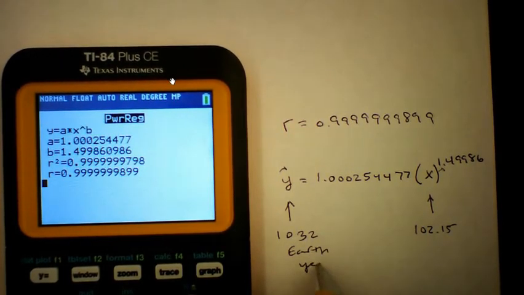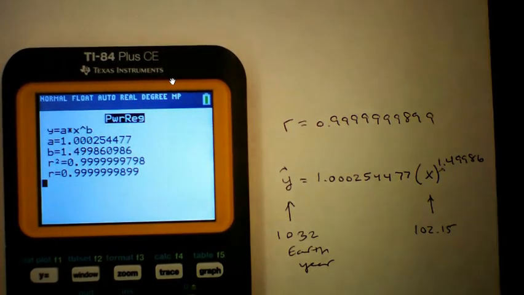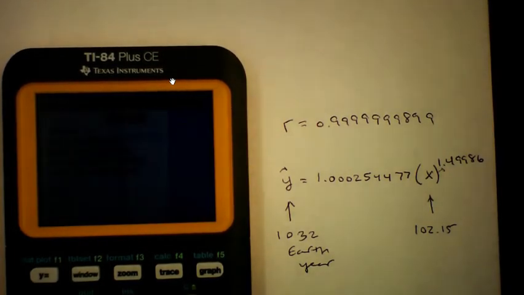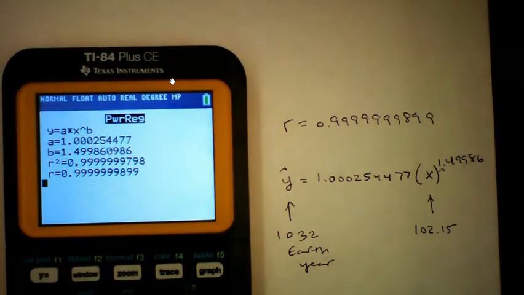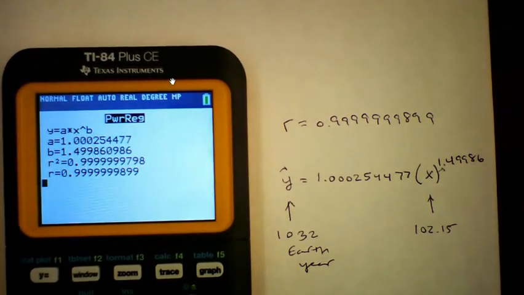So it has already done all the transformations involved in that for me. That would be appropriate to use if you felt it was a power model. But being able to switch back and forth between the two versions is really important to be able to do.